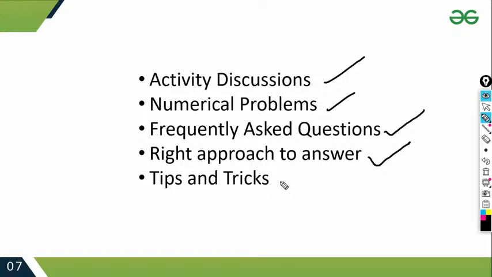I'm going to cover all those tips and tricks so that it will be easy for you to remember certain things or to answer next time, whenever you give any exam, or even write exams at your schools and you want to score good marks.